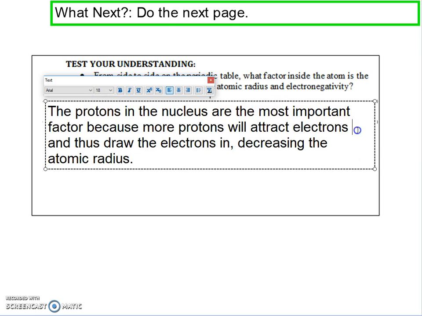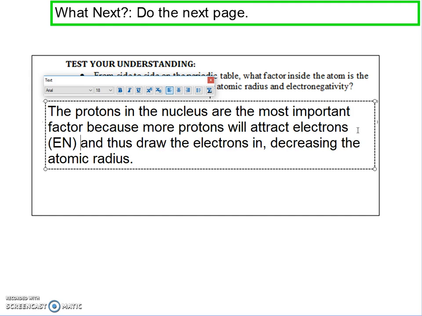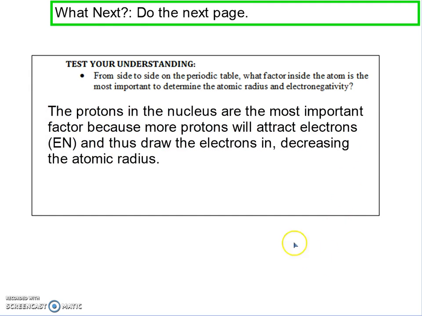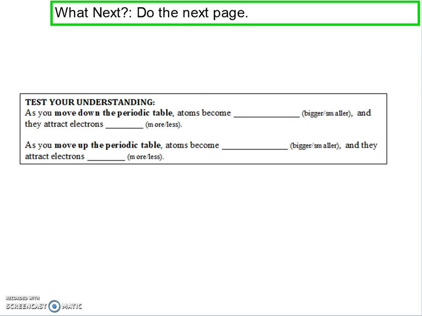And of course, if we're attracting electrons more, that's directly related to electronegativity, because our definition was how well atoms attract electrons is electronegativity. Alright. So again, pause, unpause when you're ready to go over the next one.